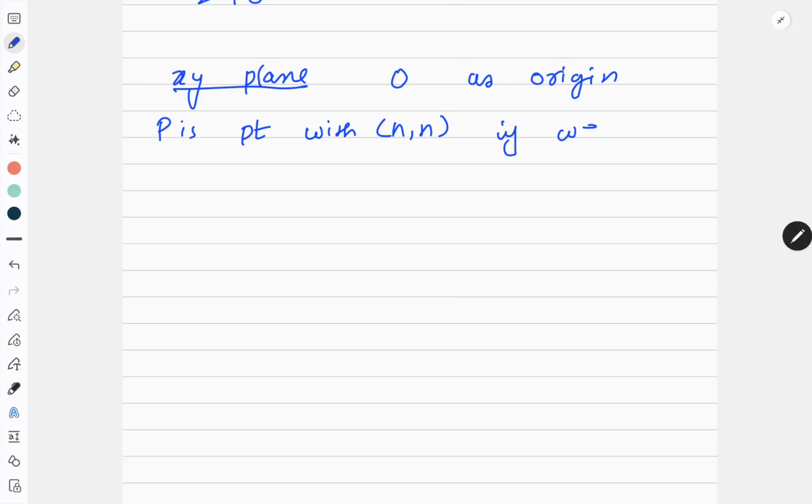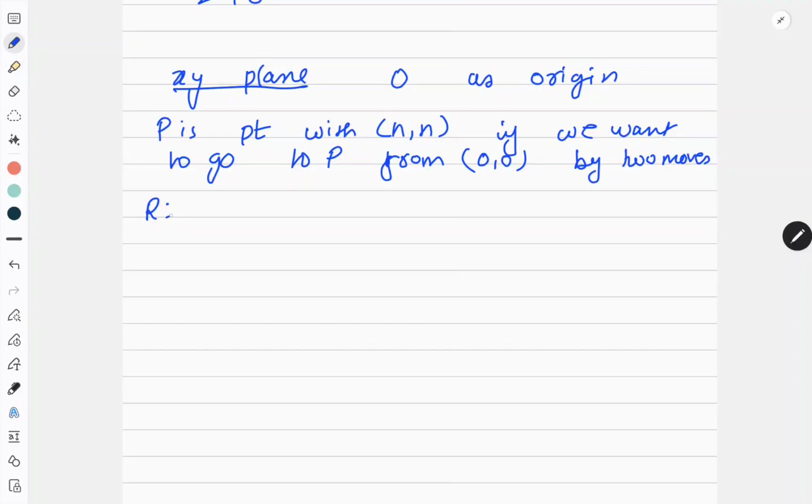If we want to go to P from the origin, I can do this only by two types of moves. I am allowed to take only two types of moves. The first move is defined by x comma y, it can go to x plus 1 comma y. And the other one, upside, x comma y implies x comma y plus 1.